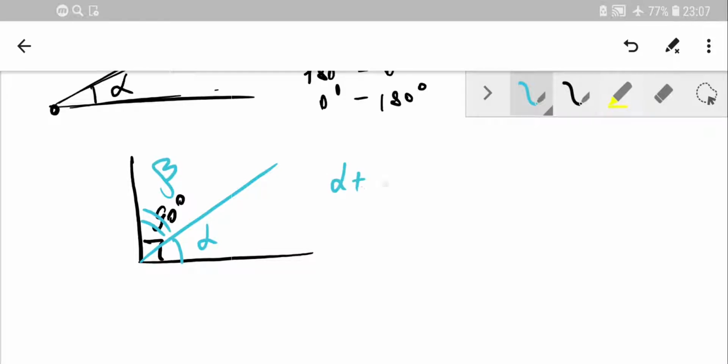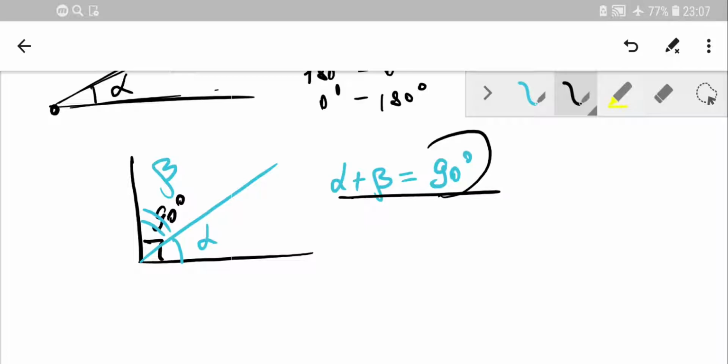Then you can complete the following equation: if you add them up, you get 90 degrees. So two parts within the greater part make up this greater part. In this case, the greater part is 90 degrees, but it consists of alpha and beta. How do we call those angles? They are called complementary, because if you add them up, they make 90 degrees. So, complementary angles.